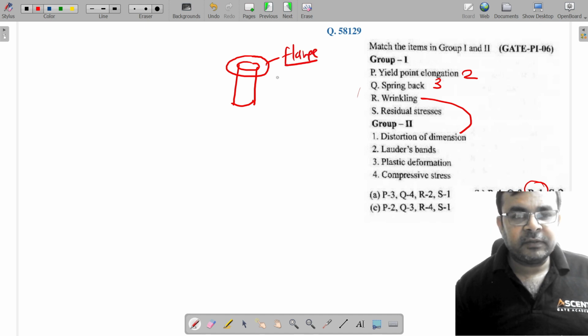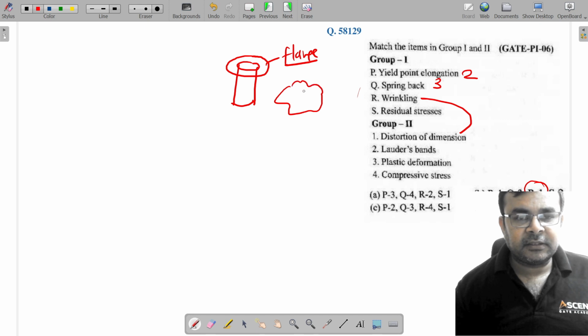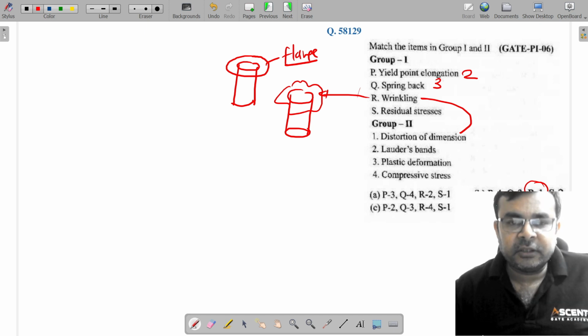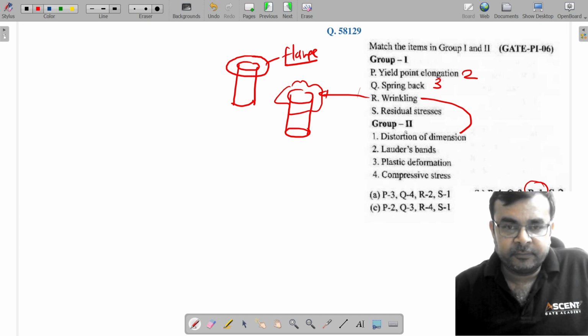Due to insufficient blank holding force, the flange may form like this. This defect is called the wrinkling defect. So non-uniform deformation on the flange region is called the wrinkling defect, and it is mainly caused due to insufficient blank holding force. Correct. So the most appropriate option for wrinkling is distortion in dimension.